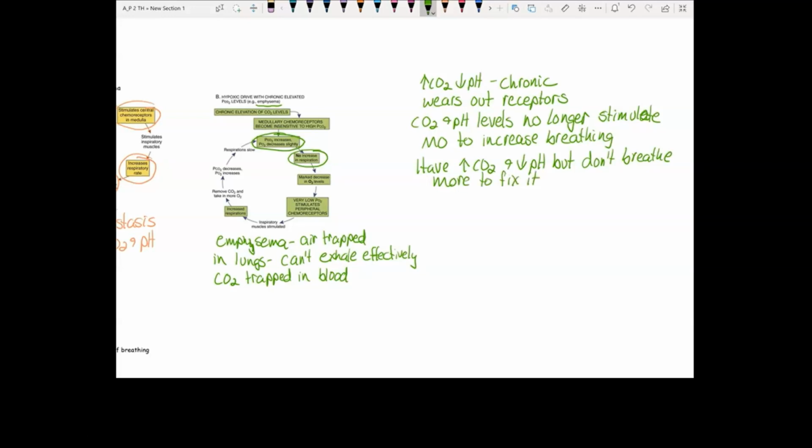So that means the problem just gets worse. And while the problem with your carbon dioxide is getting worse, your oxygen levels are dropping. So notice here, marked decrease in oxygen levels.